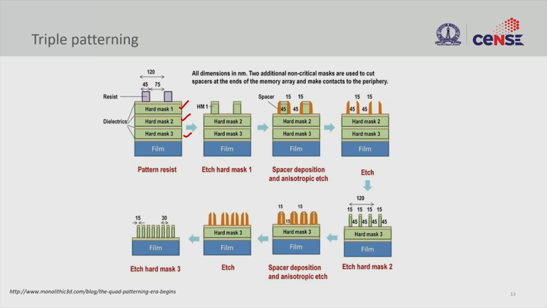We go from mask layer 1, hard mask 2, hard mask 3, so that you get the best of these layers and then you improve the resolution here. So you take this 75 nanometer pattern and make it into a 15 nanometer pattern, right. So this is the improvement that one can get by using this sort of double patterning and triple patterning.